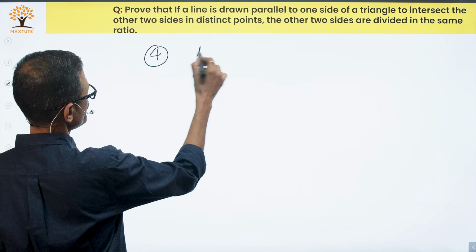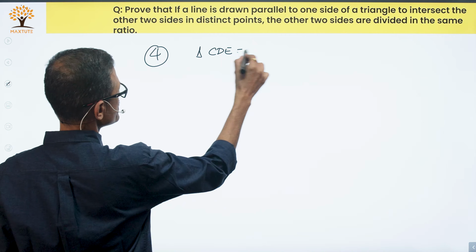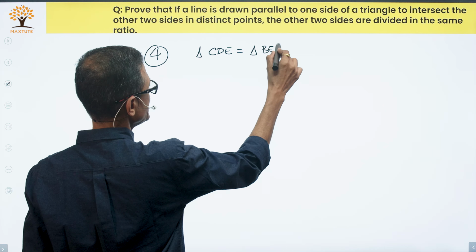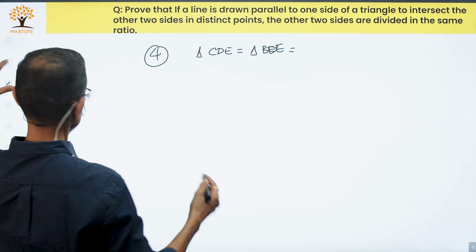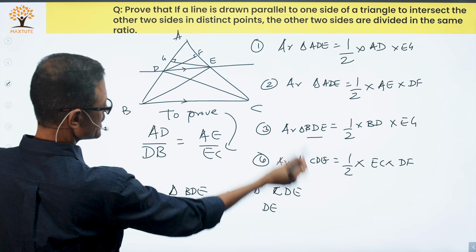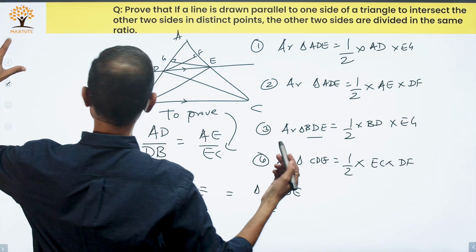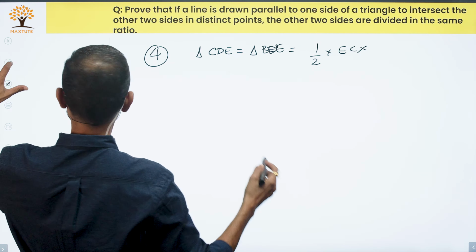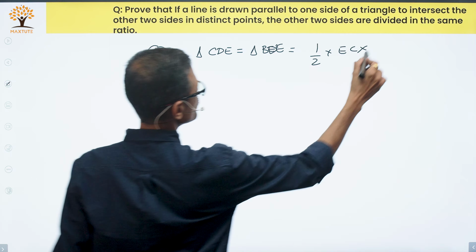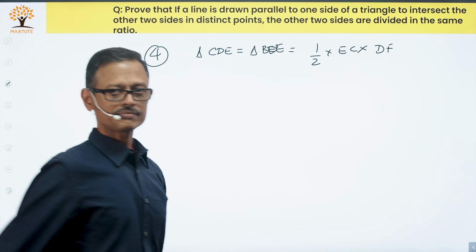This is area of triangle CDE, which is equal to area of triangle BDE or BED. BDE, we'll write it BDE. Both of these are one and the same. BDE and CDE are one and the same. Is equal to half into EC into DF is what we have.